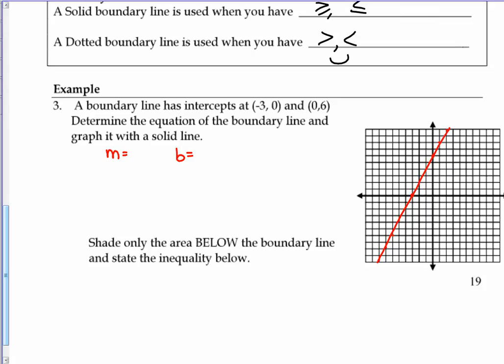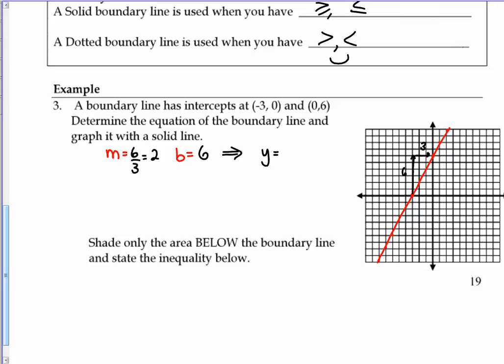You got that because you're going up 6, right 3. So 6 over 3 is the same thing as 2, 2 over 1 or 2. Okay, y-intercept is 6. So let's start by writing the equation. What would the equation be?